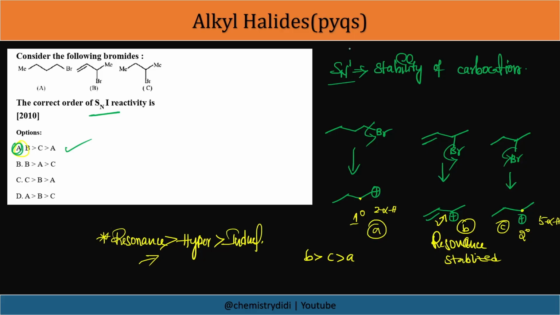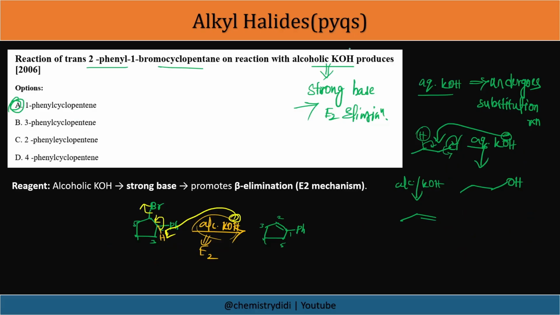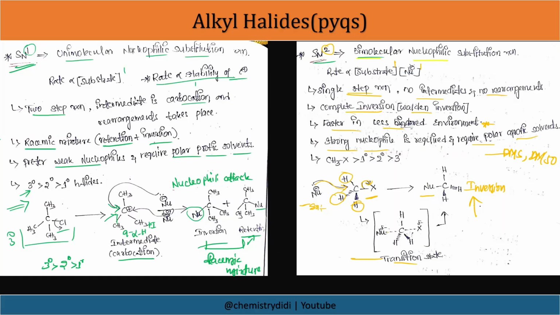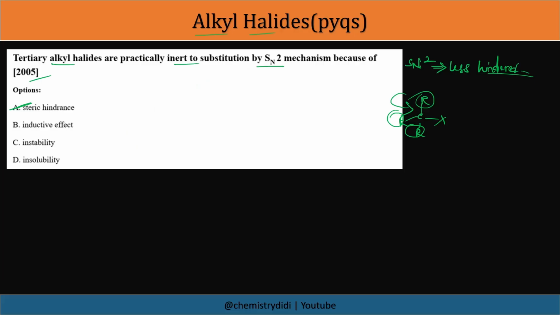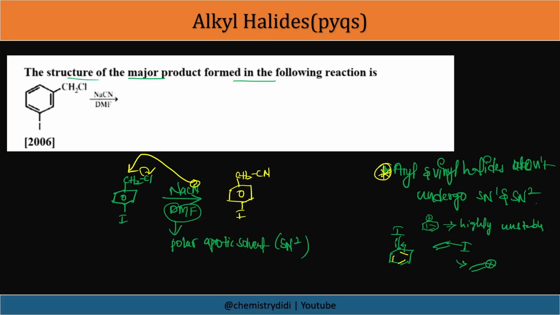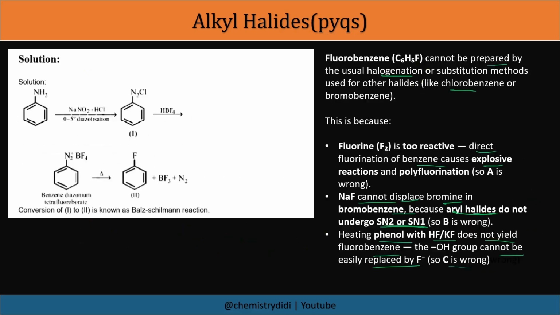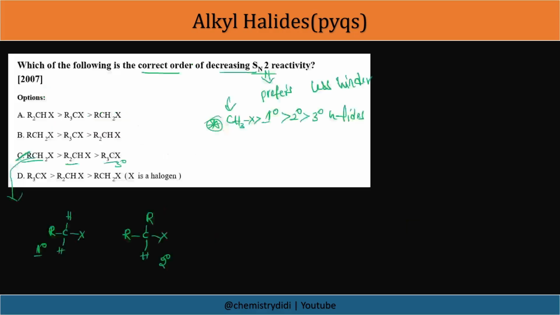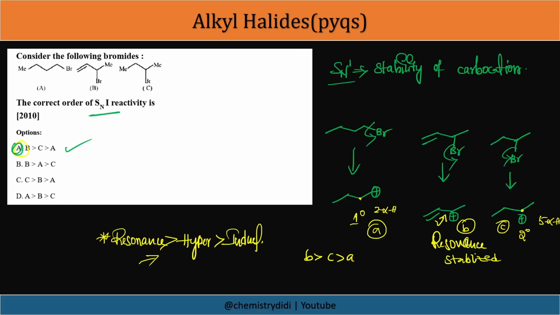Whatever I have told you, the important points, you just note them down. I have told you how SN1 and SN2 differ, and I have explained the differences also. And one more thing, aryl and vinyl halides won't undergo SN1 or SN2 in normal conditions. You just note it down if you want, or else you just see the video.